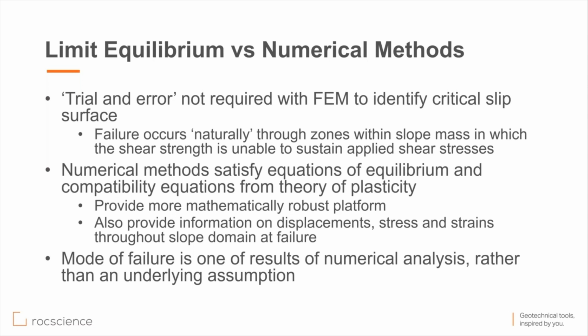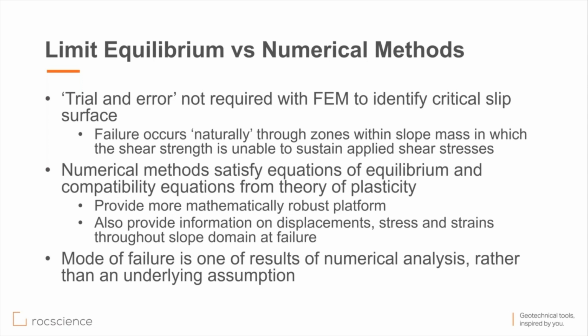If you put in reliable information on the Young's modulus and Poisson's ratio of the materials, you can actually get displacements of the slope, which is something we monitor. So these methods can be very helpful even in us coming up with monitoring of slopes. Limit equilibrium does not give us any information on displacements or deformations.